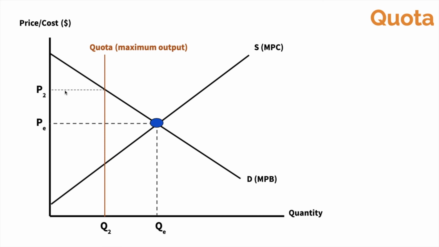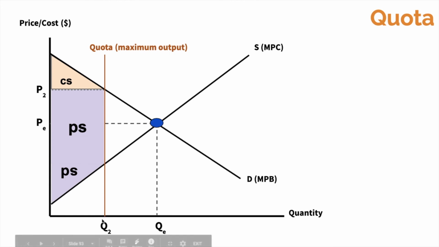And at this price, we can see that consumers are only going to be willing to pay P2. Only consumers who are willing to pay P2 and up are going to actually consume this good. Producers who are willing to accept here to here and are able to find a consumer to sell to will still be good to go in this market.